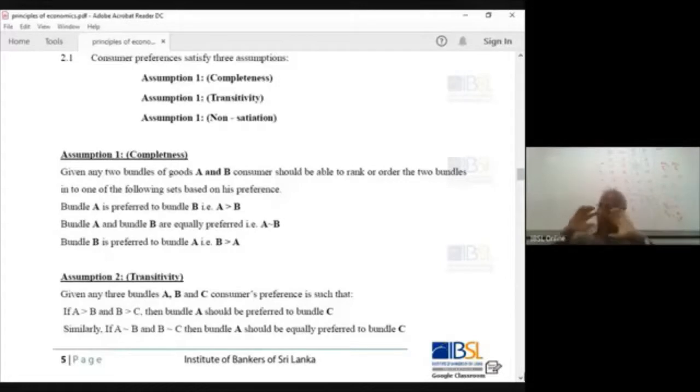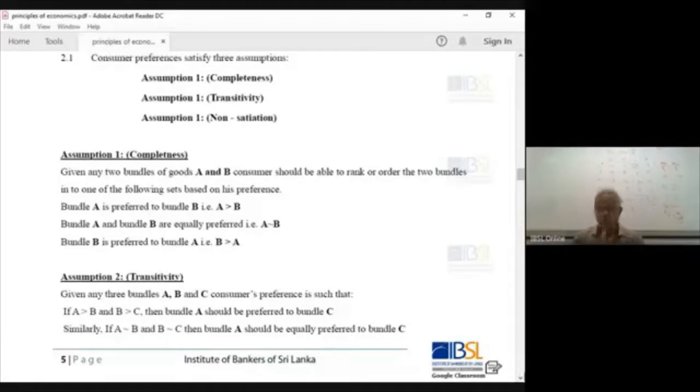Now, given any two bundles, let's say apples and oranges, we ask the consumer to give a ranking. What are the possible answers? He might say I prefer oranges to apples, or apples are preferred to oranges, or I don't mind, indifferent.